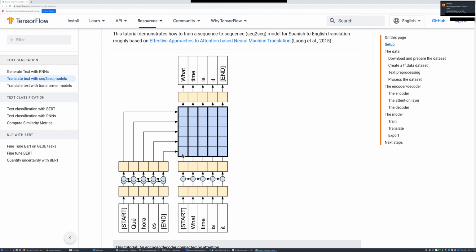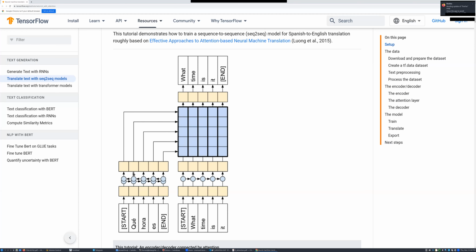Every row here corresponds to the hidden state of one encoder position, while each column corresponds to one state of the decoder. As we move forward, we compute the attention, one group each time.